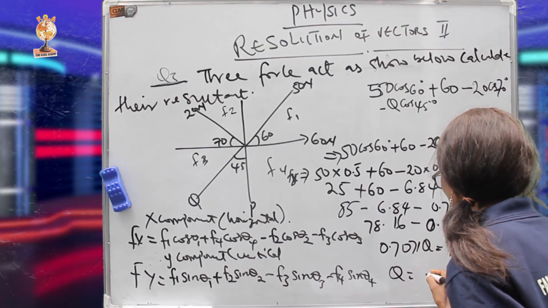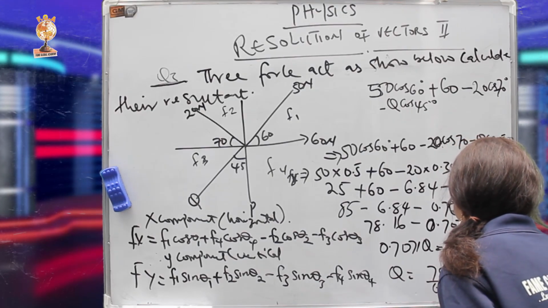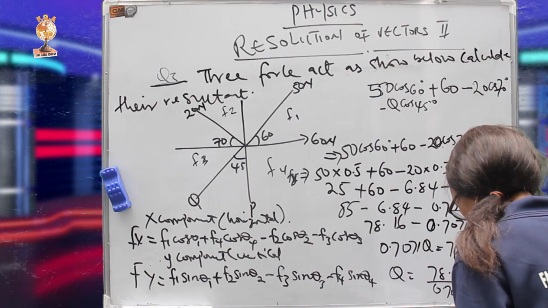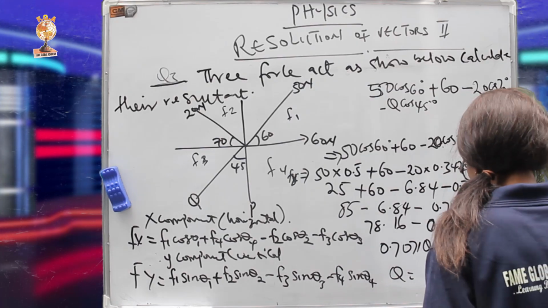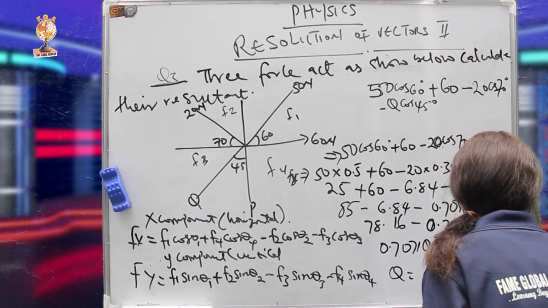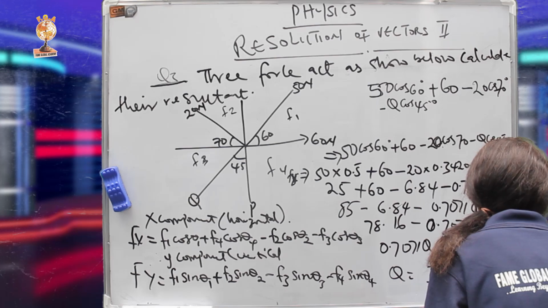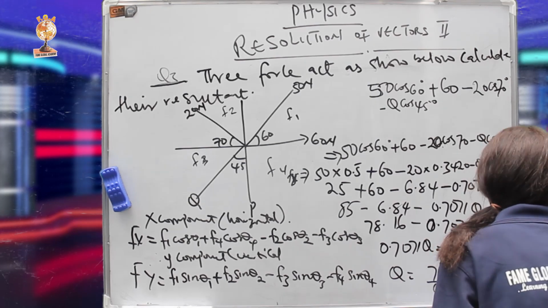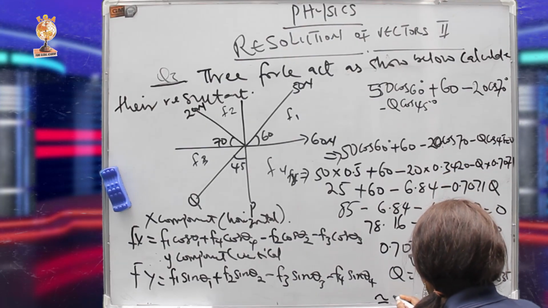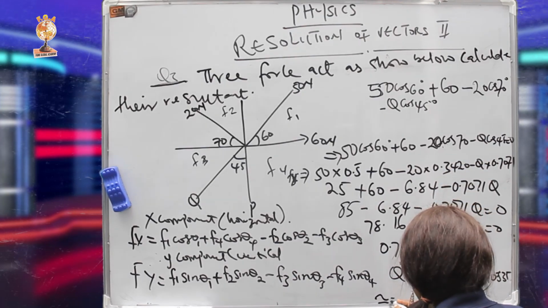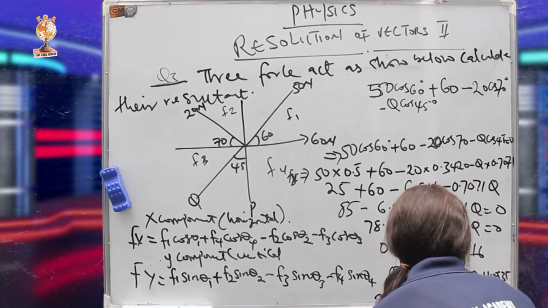So q becomes 78.16 all over 0.7071, which gives you q as 110.535. So approximately, let's just approximate it to 110.5 Newton.